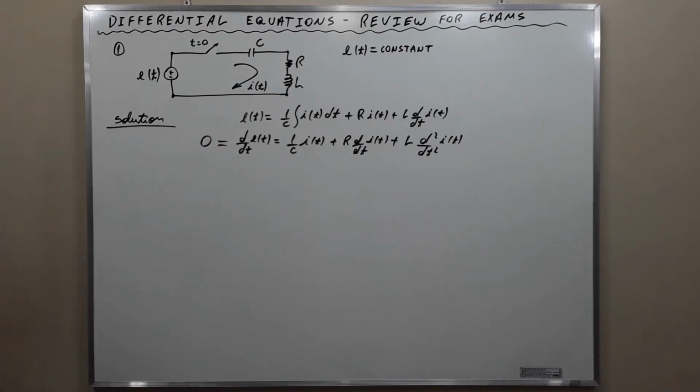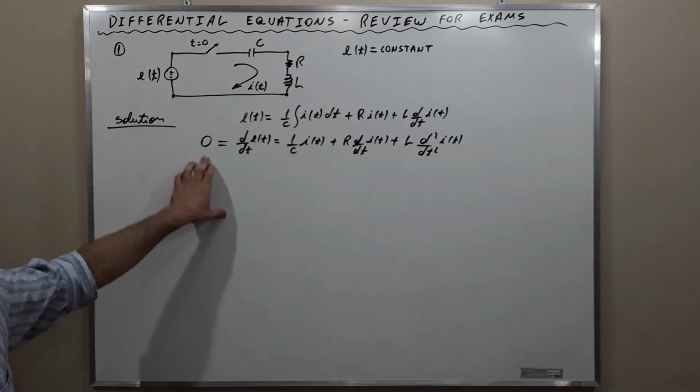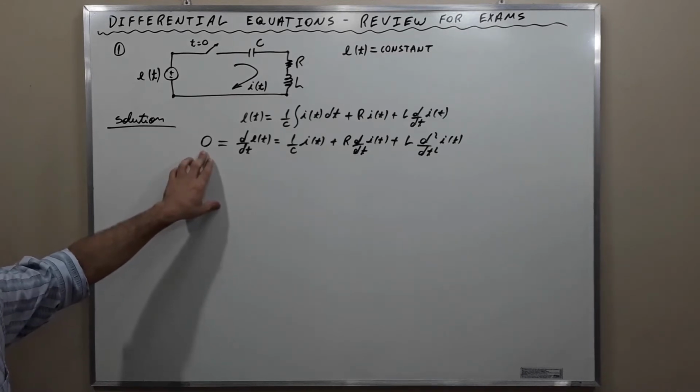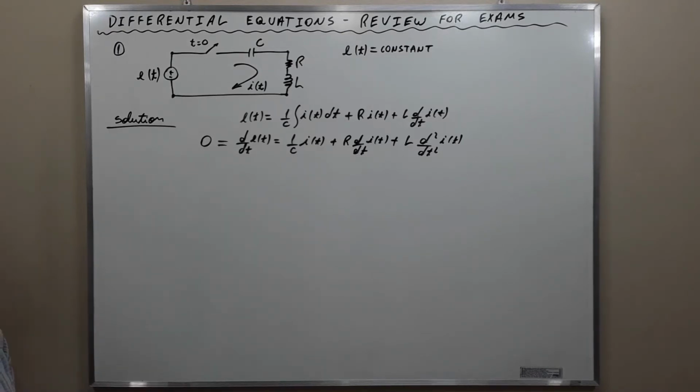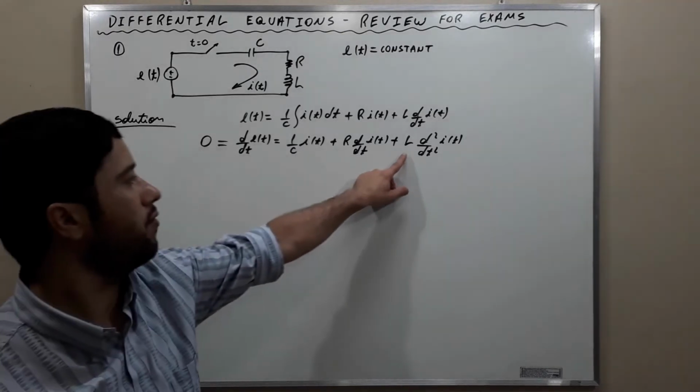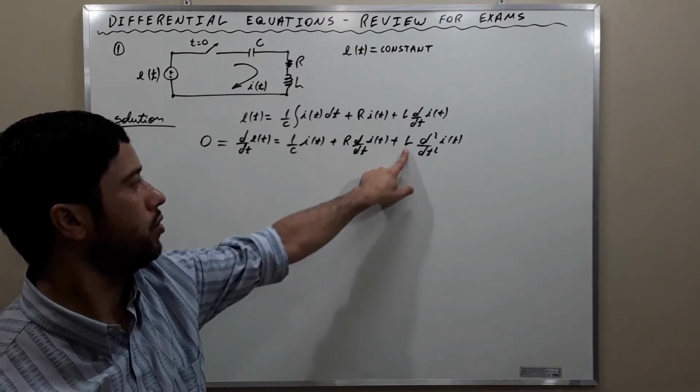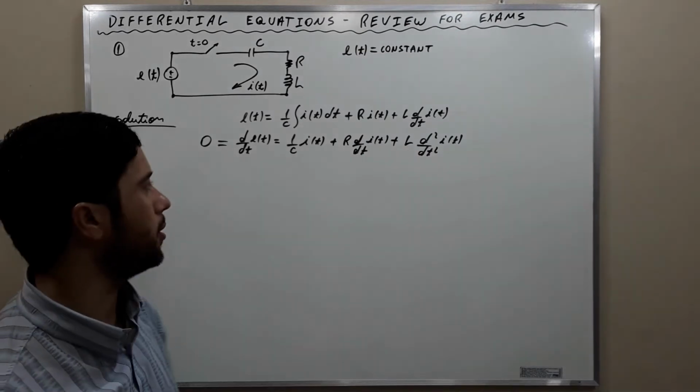And then it becomes a homogeneous differential equation when the forcing term is equal to 0. And we are going to divide everything by L to make 1 appear here.